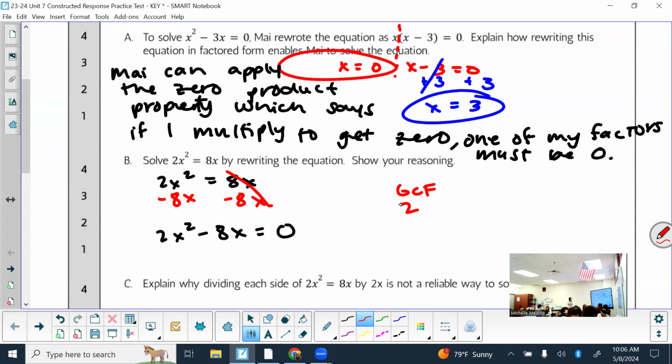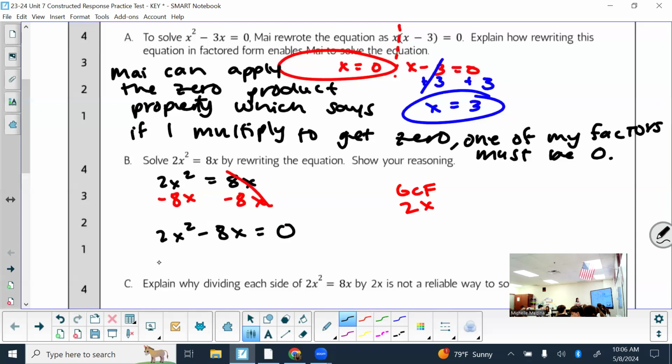So if your smaller number divides into both. And then do they both have an x? So if you think back to that lesson, we take out the smaller amount of x's, so not the x squared, the x to the first power. So my GCF is 2x.